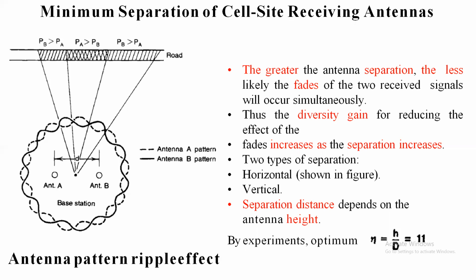This is the minimum separation of cell site for the receiving antennas. Here the two receiving antennas are used for a space diversity receiver. We already discussed space diversity antennas in the last topic. These two antennas are used for the space diversity receiver.